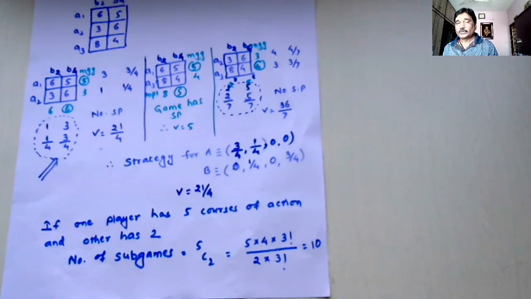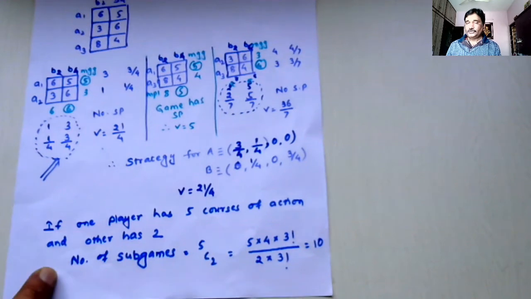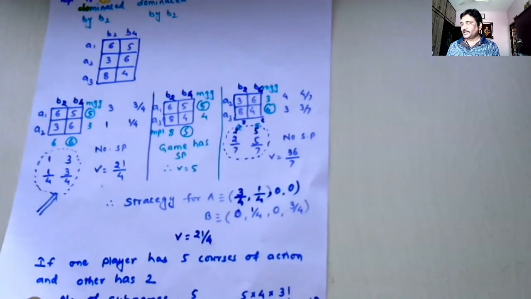So then, what is the way? There is a way. That way is to solve the game by the graphical method, and as far as the method of subgames is concerned, the graphical method is applicable if one of the players has two courses of action available.